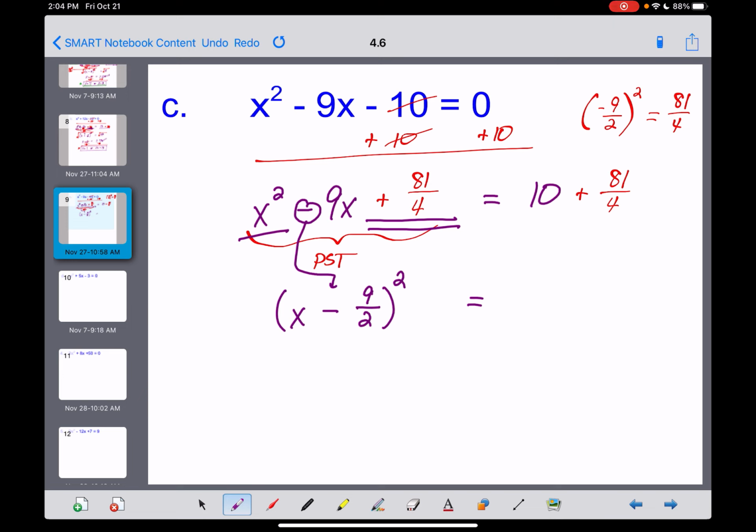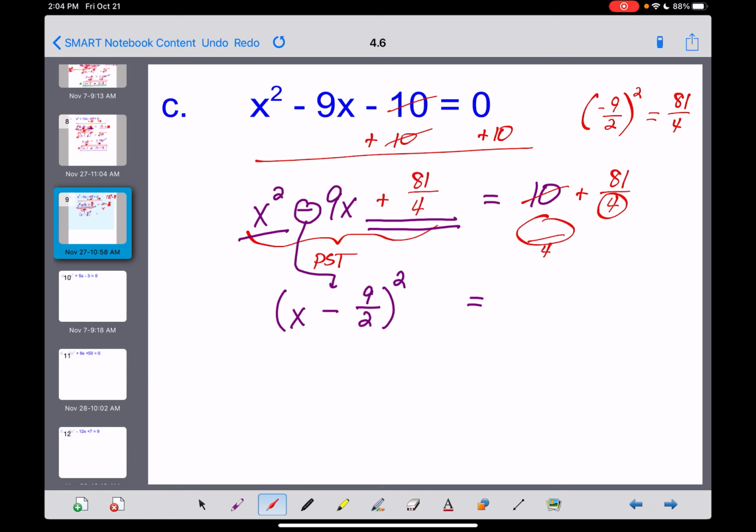Now here's another spot that's going to bother some of you guys. How do I add 10 plus a fraction like 81 over 4? Yes, your calculator will do this for you, but here's a way to do it by hand. You need a common denominator to add these two fractions together, and that 4 is going to be our common denominator. So we need to express 10 as a fraction over 4. And just remember, guys, that a fraction is a division problem.